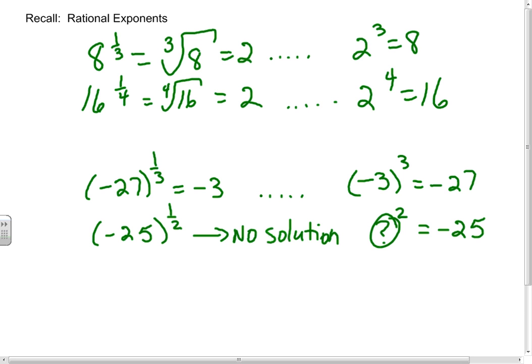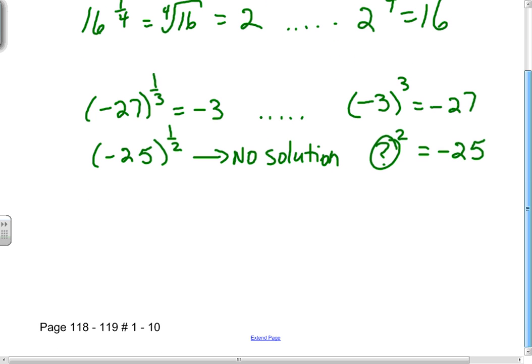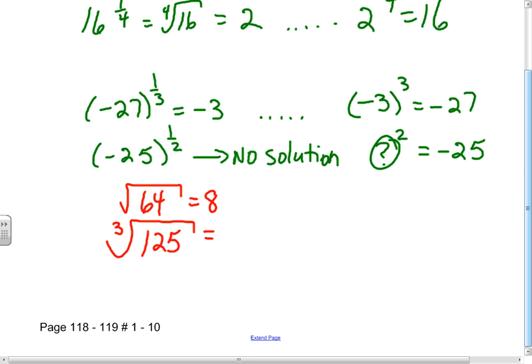And a few in the form that I like a little better. Square root of 64 is 8. Cube root of 125, you are looking for 3 identical factors, which would be 5 times 5 times 5.